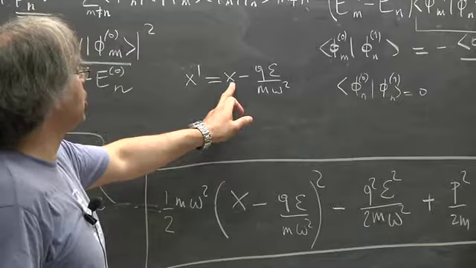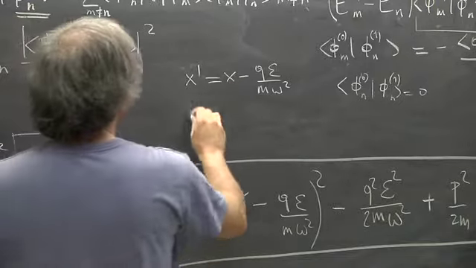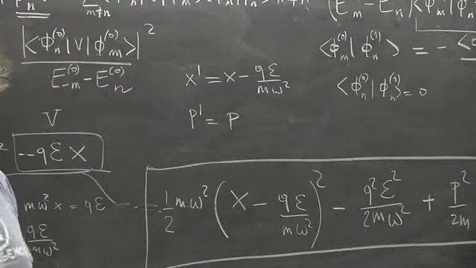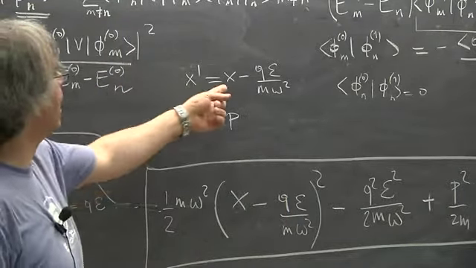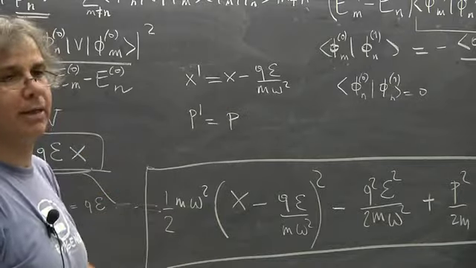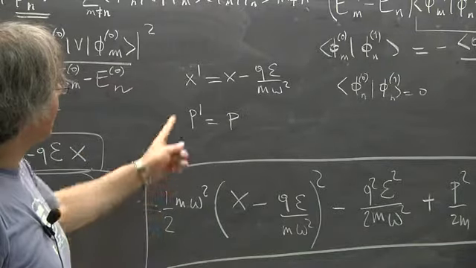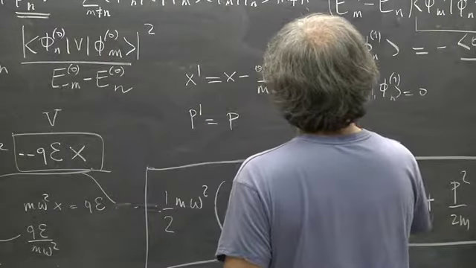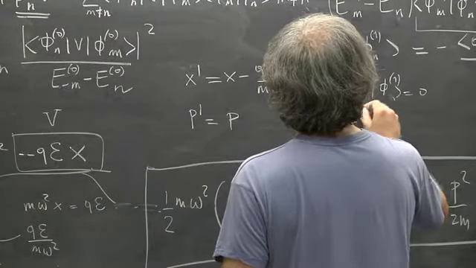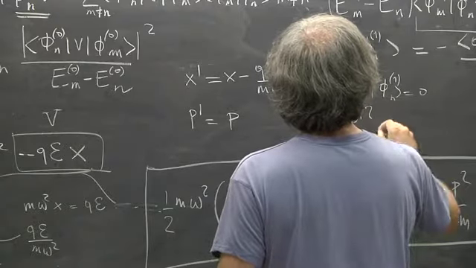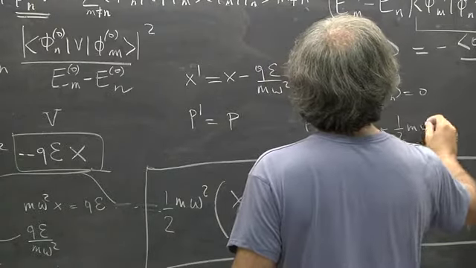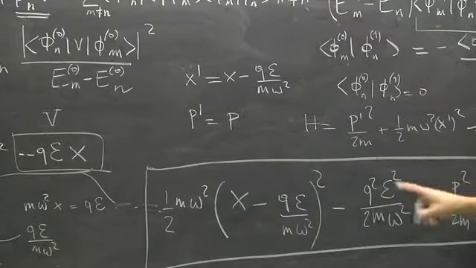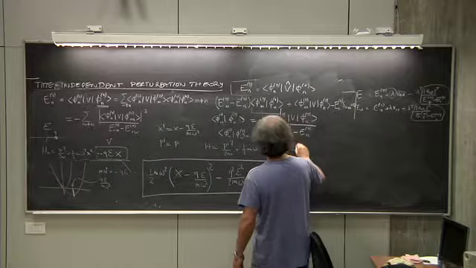Now, this being a shift, the new momentum will be just equal to the old one, because the derivatives with respect to x and with respect to x prime are identical. So I can rewrite the new Hamiltonian in these new variables as p prime square over 2m plus 1/2 m omega square x prime square. But there is this extra constant term.